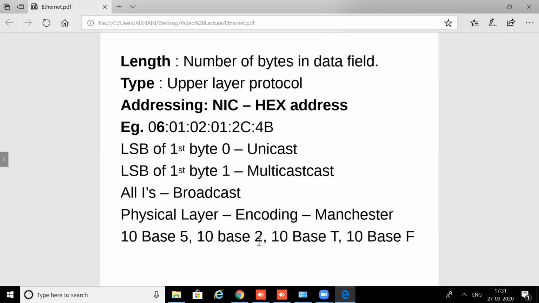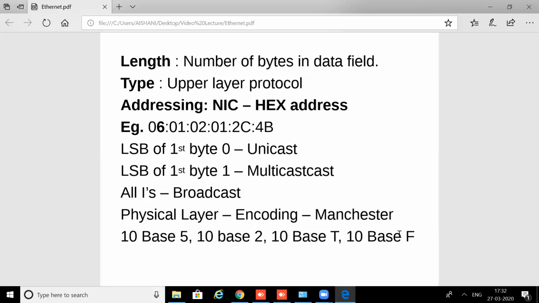Then 10Base2, where 2 means about 200 meters. It's actually not exactly 200 meters, just near about 200 meters. Then 10BaseT, where T means twisted pair cable, and F means fiber optic cable. So these are some examples of cables used in standard Ethernet.